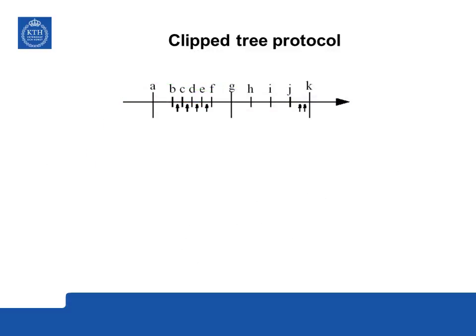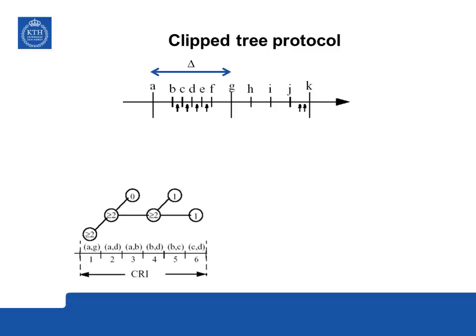So we can improve even a little bit more on the epoch tree protocol, and that protocol is called the clipped tree protocol, and this is how it works. We again start with an epoch interval delta, and we start our tree to resolve this interval.